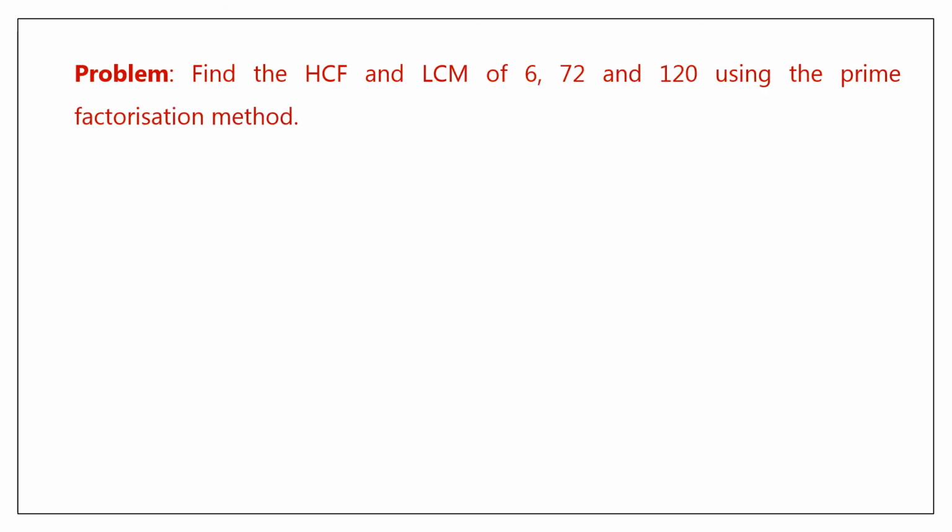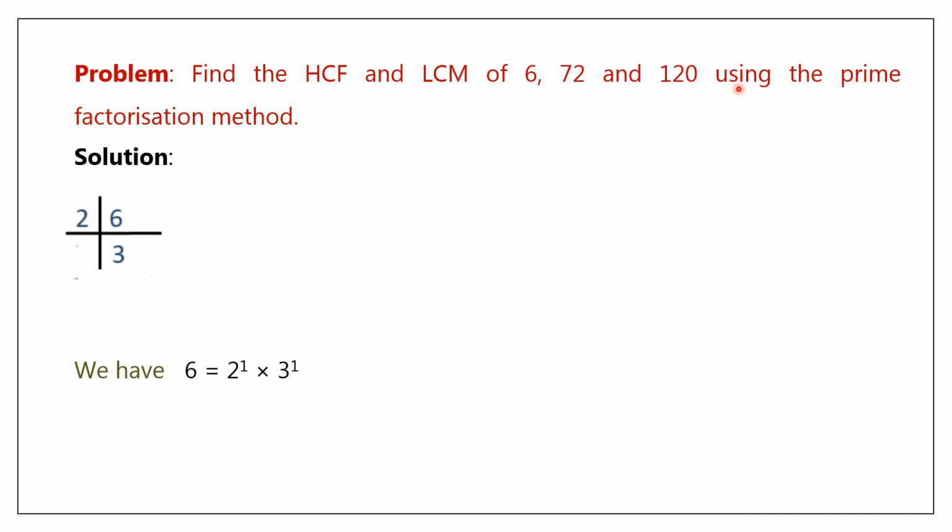Now let us see one more problem. Find the HCF and LCM of 6, 72 and 120 using the prime factorization method. First of all, we will find the prime factorizations of these numbers by using any method. Here I am using again the long division method.